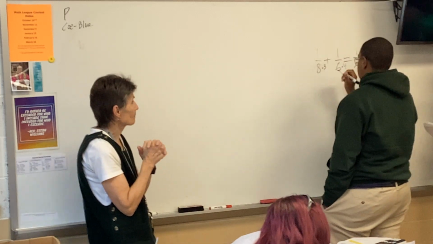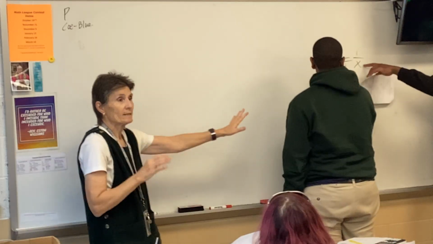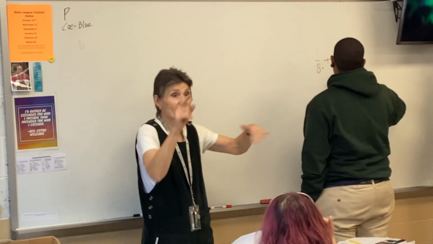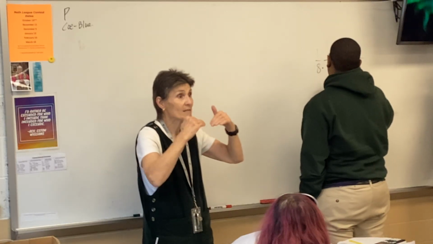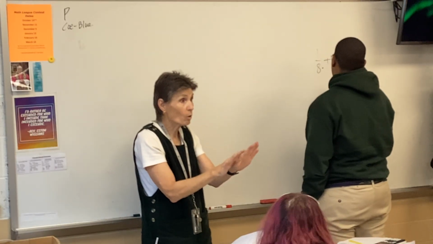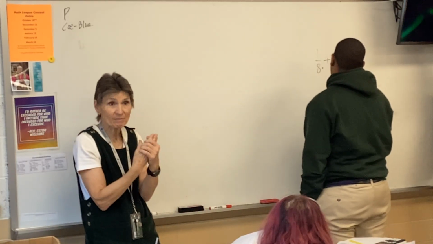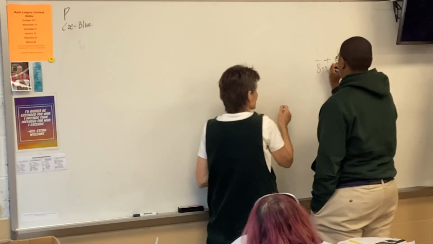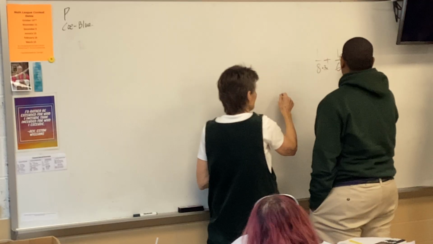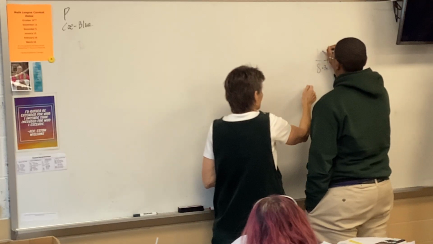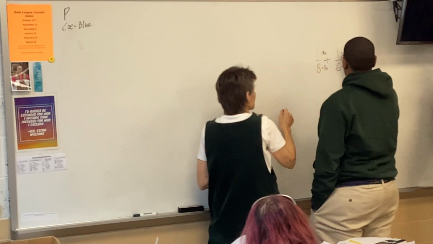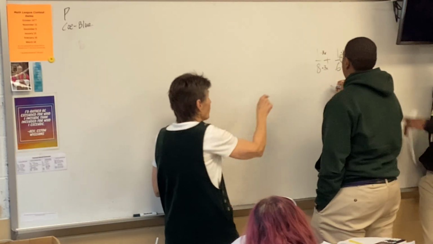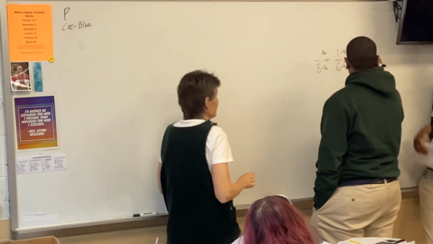Okay, wait. The common denominator isn't just 24, it has to have the X. 24x is okay. So 3x, top and bottom, and then 4x, top and bottom, and then 24, top and bottom.